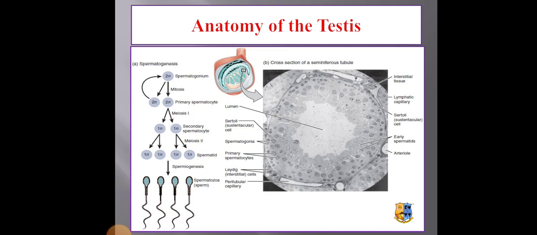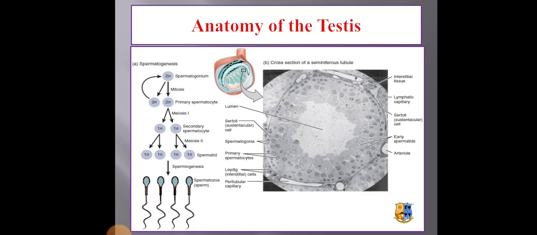Mitosis of a spermatogonial stem cell involves a single cell division that results in two identical diploid daughter cells, spermatogonia to primary spermatocyte. Meiosis has two rounds of cell division, primary spermatocyte to secondary spermatocyte and then secondary spermatocyte to spermatid. This produces four haploid daughter cells, that is spermatids.